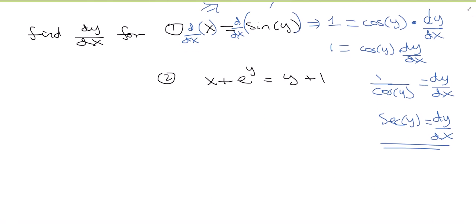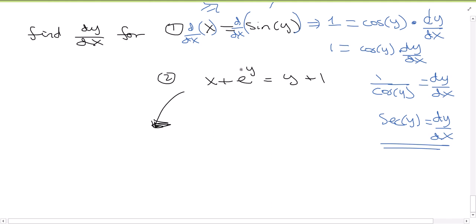Now for the second one, notice that this one is a little more interesting. The first one, you could still solve for y, right? Do sine inverse of both sides, and you could still write y explicitly as a function of x. But for the second one, you really can't solve for y, because if you try to isolate y, you're going to have e to the y minus y on one side equals x, or 1 minus x.